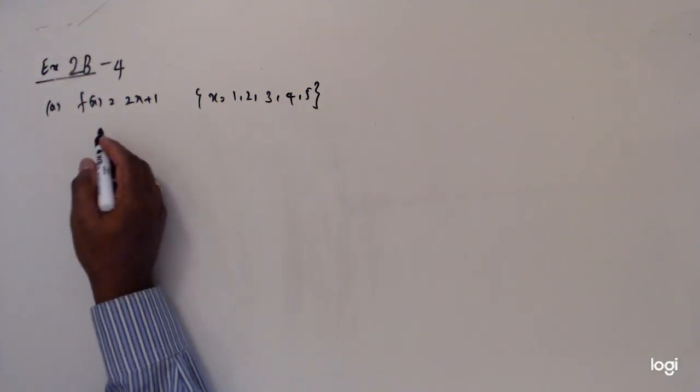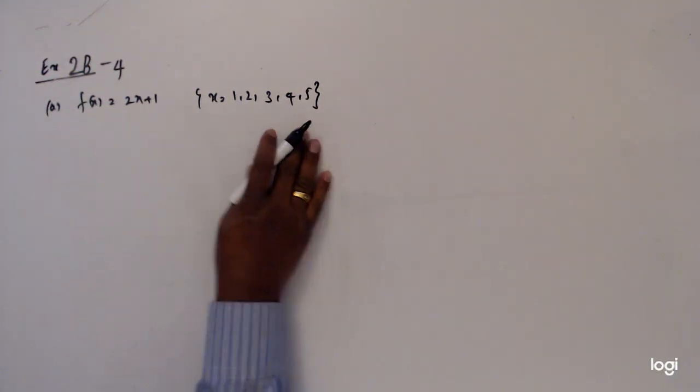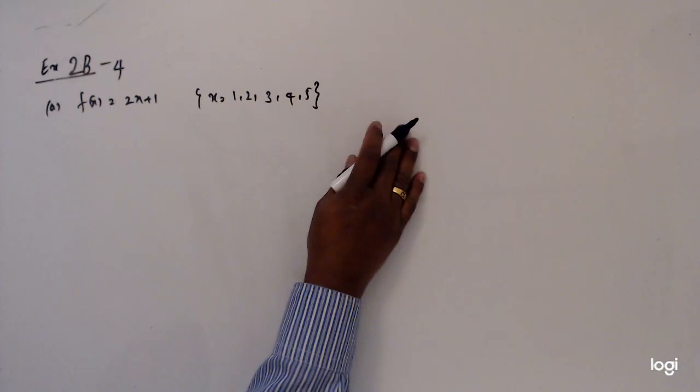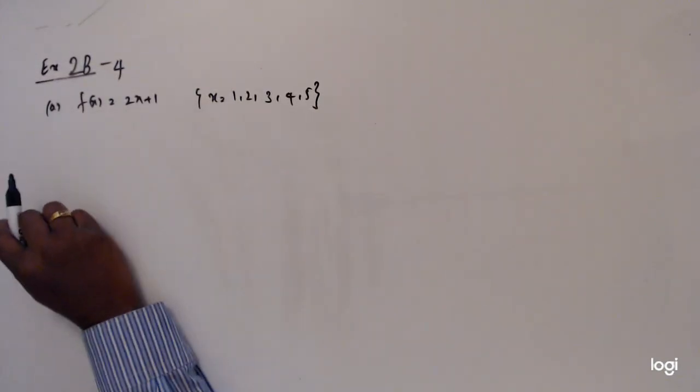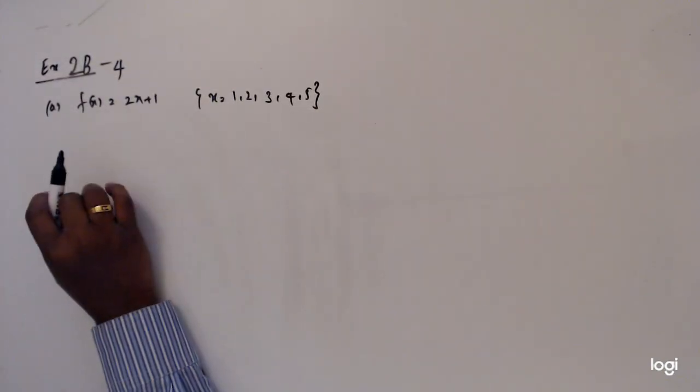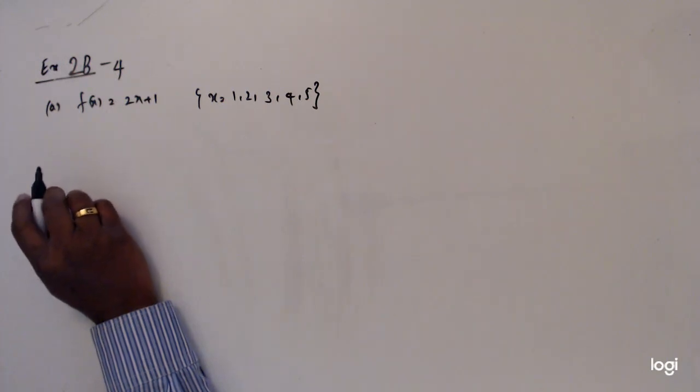Question number 4, part 1, we want to decide the mapping. You can draw a mapping and decide whether this is a function or not.